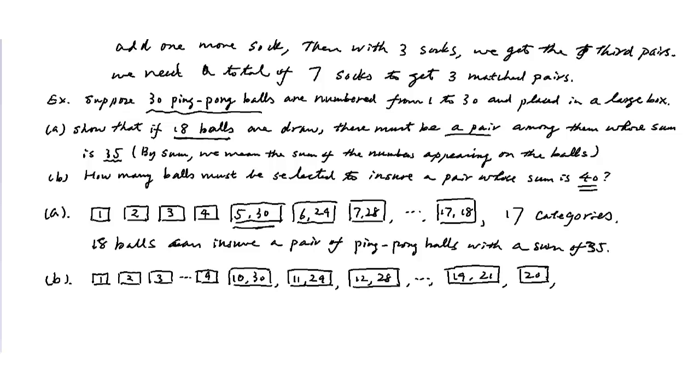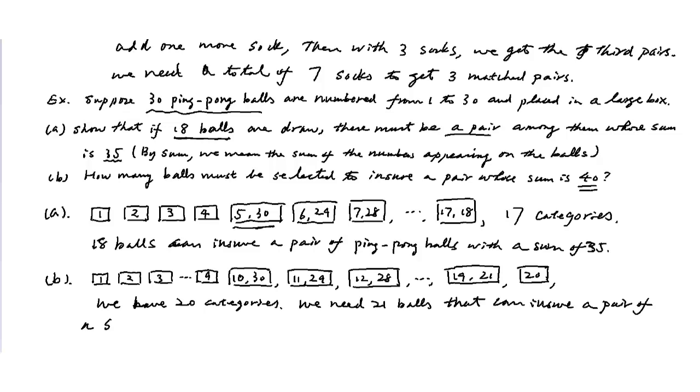We have 20 categories. So to ensure one category has 2 ping pong balls, we need 21 balls. So we need 21 ping pong balls to ensure a pair with a sum of 40, okay?